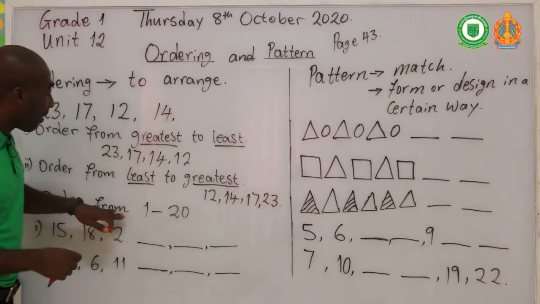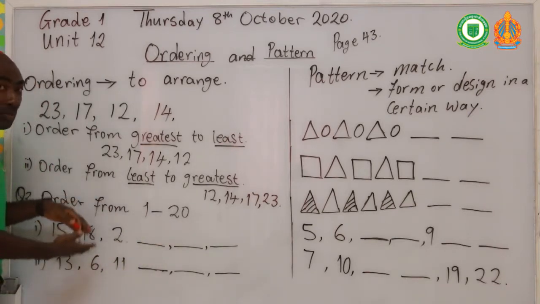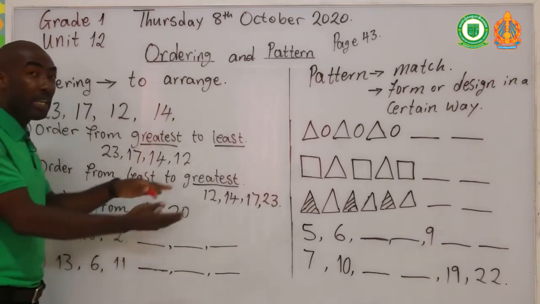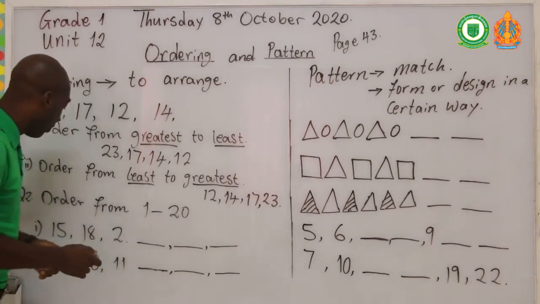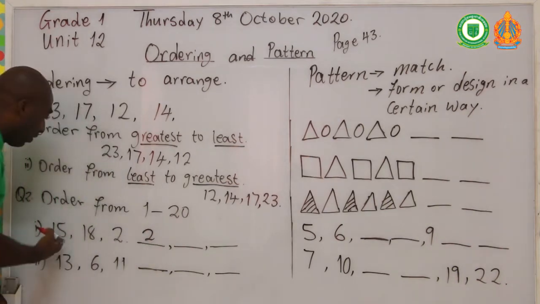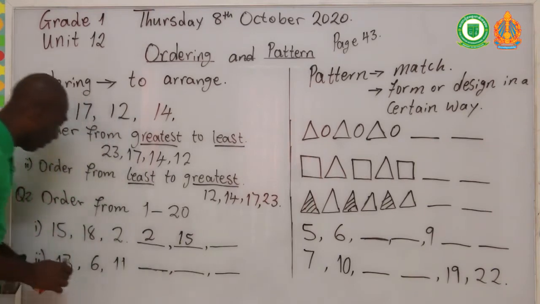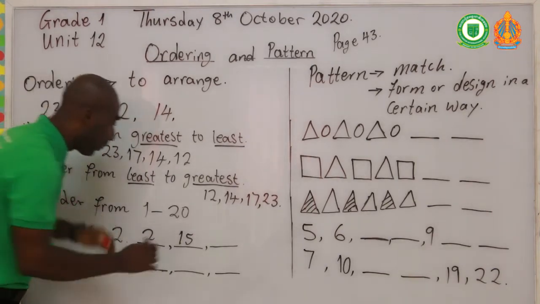Okay, so arrange from 1 to 20 means we are starting from the smaller unit to that of the biggest unit. Okay, so we start with 2, and then we go to 15, and then we go to 18.